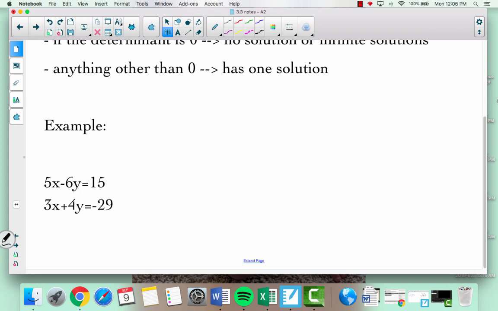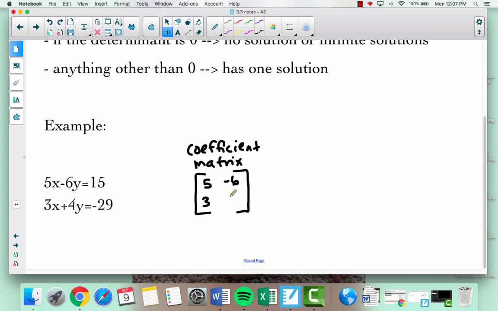And to write equations in matrix form, we're going to start with what we call the coefficient matrix. And the coefficient matrix is just the numbers in front of your variables. In this case, because we have two variables, we're going to have a 2 by 2. So I'm going to start with my x's in the first column, so that's 5 and 3, and then my y's in the second column, similar to what we did in the triangle examples.